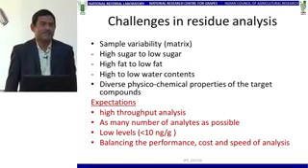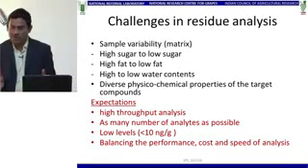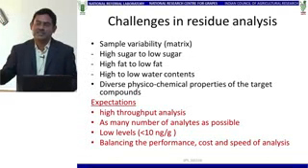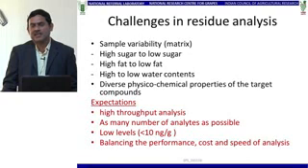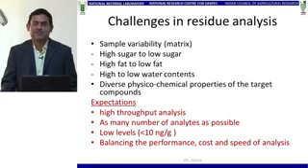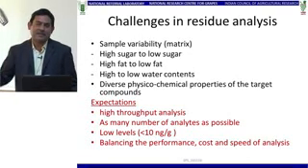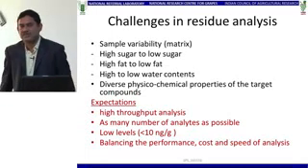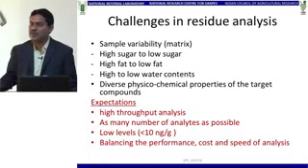So the first challenge is that concentration is too low. It's always below ppm. These days pesticides are applied in terms of grams per hectare. Earlier, once upon a time, in the era of organophosphates or chlorinated hydrocarbons, people used to apply in terms of kilograms per hectare.